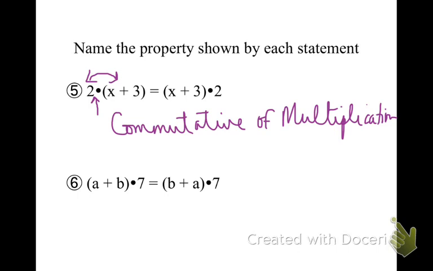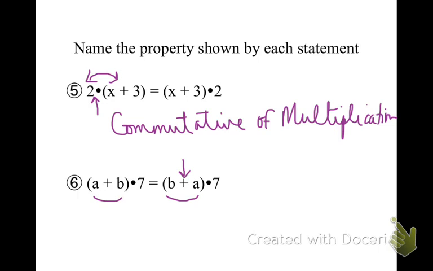And when I look at 6, I have again the grouping symbols and addition and multiplication. So I look at the grouping symbols, and even though a is still grouped with b, that's going to tell me it's not associative because it didn't change who it was associating with. However, I have the parentheses with the a and the b times 7, then I have 7 times the parentheses, but if I look at what happened, they have commuted around an addition sign.